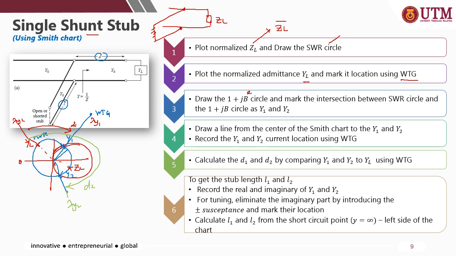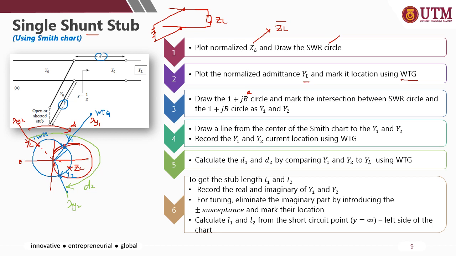This is by comparing the position of the load admittance to Y1 and Y2. So in this case, you'll have two options, whether to use d1 or d2.